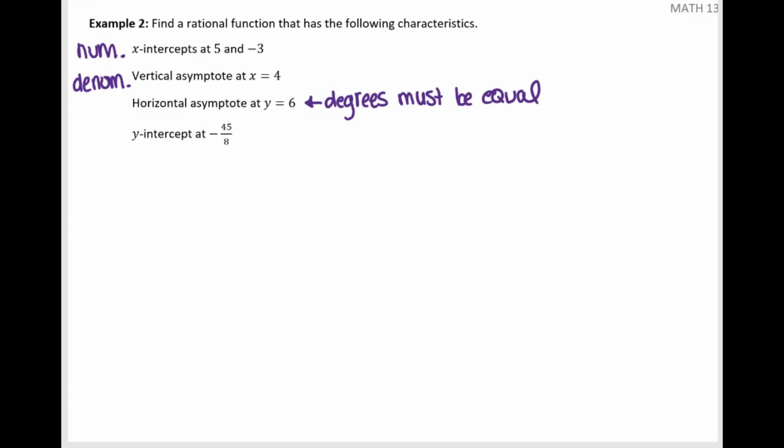Again, because we have a horizontal asymptote and it's not y equal to 0, the degrees must be equal. If the horizontal asymptote was y equal to 0, then our denominator would have the bigger degree.